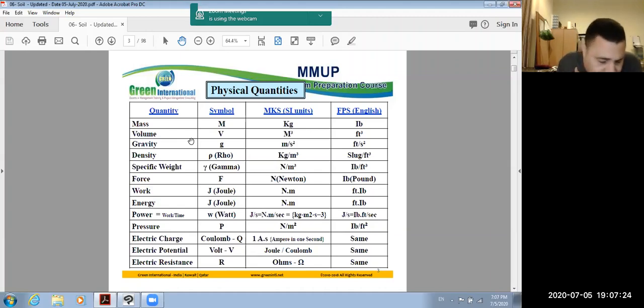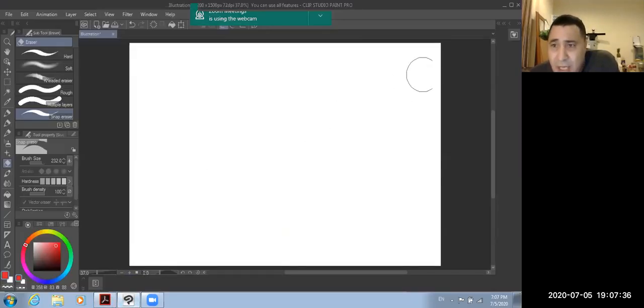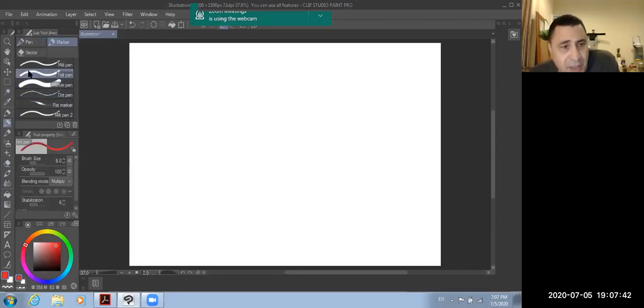When you discuss density, what does it mean? Density rho is related to gamma, the unit weight. This is very important. If you need to go for physics and identify the dimension for any units, you can just go for the principle. What are the principles?